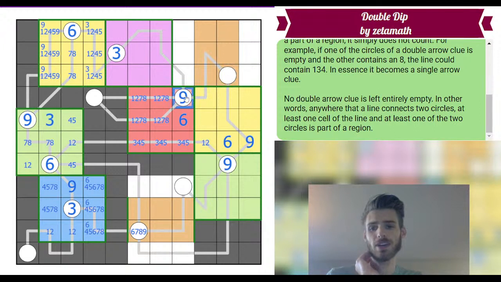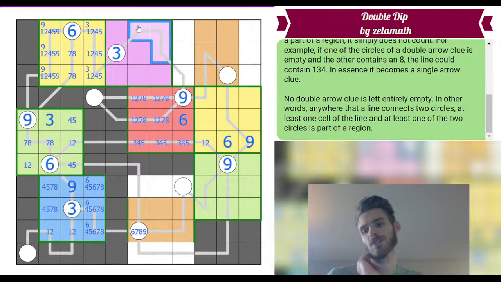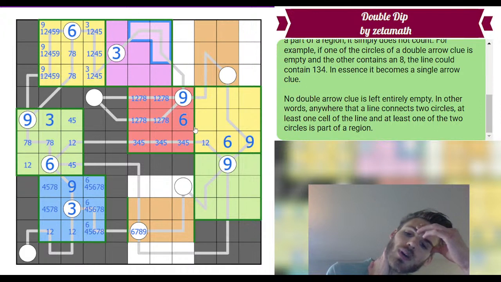And that's going to be pretty high sum. Actually, wait, let's look at these cells first because we know what those are. Those cells add up to 12. 12 in 3 cells without a 3. It's not that restricted.